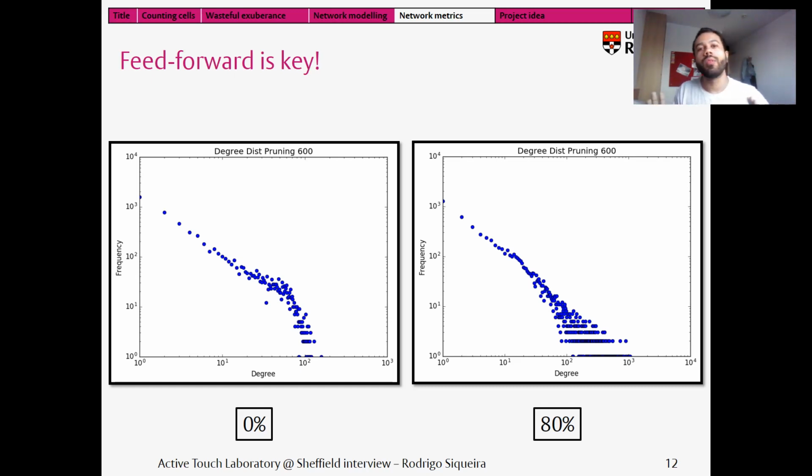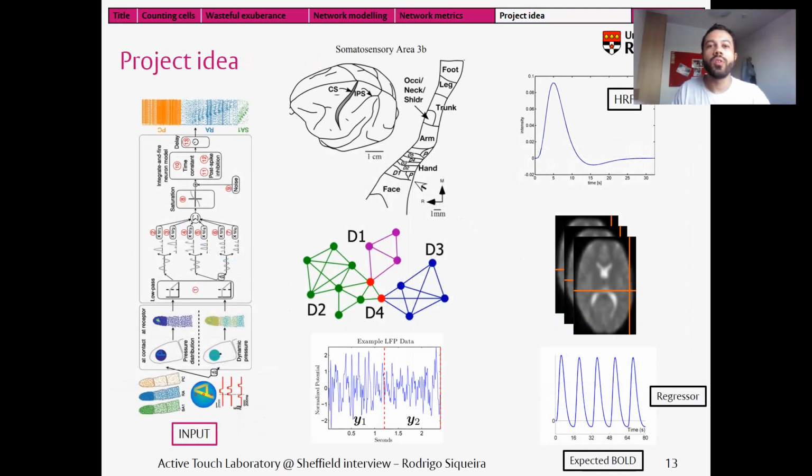Now I'm going to talk about something different. It's my vision for this project that we are going to develop here. So the project is about modeling S1, the somatosensory cortex, and testing different learning rules to see how plasticity would appear in a way that we could test with actual experimental fMRI.